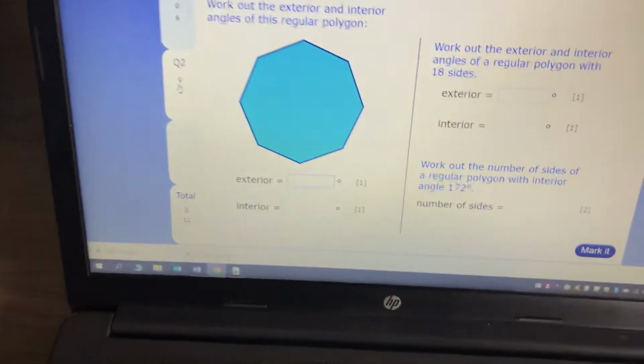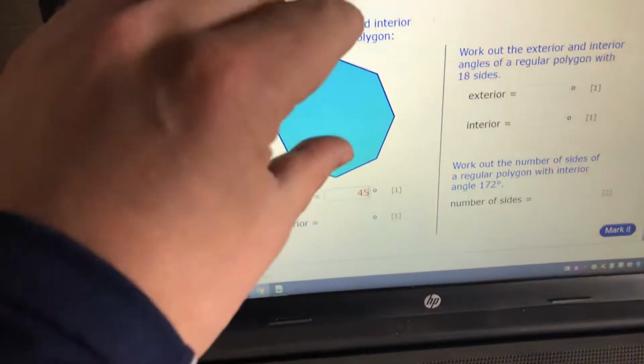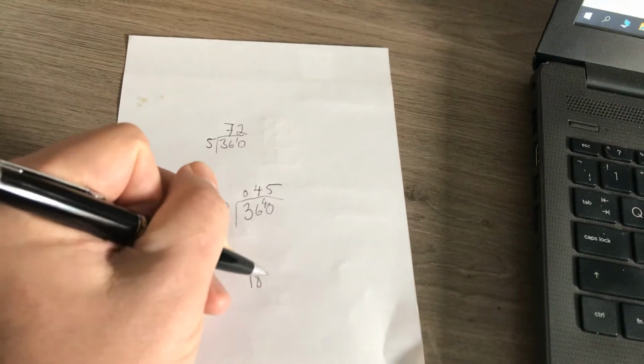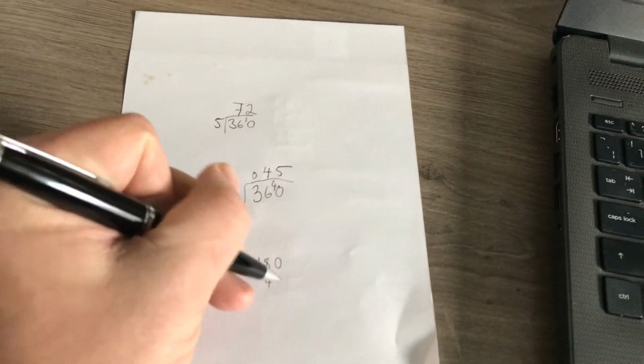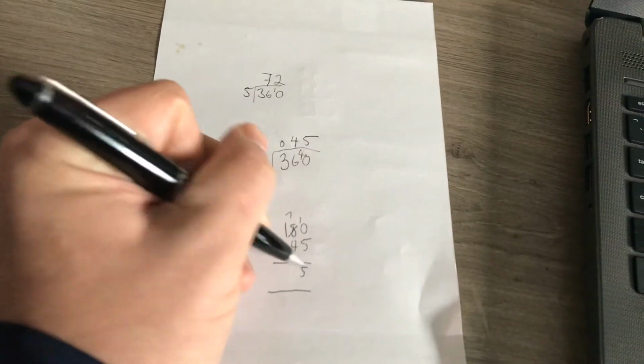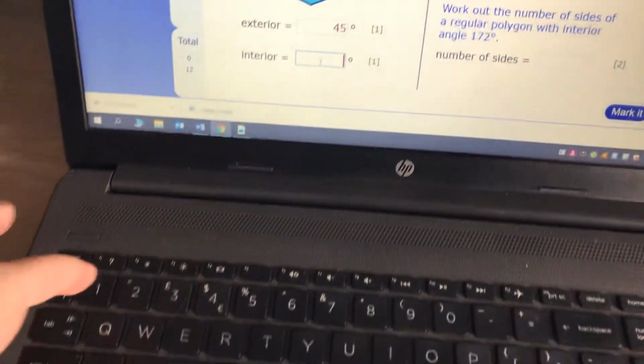So the exterior is going to be 45. Now I know that I've got that straight line. If I shrink it down, it's going to be on 180. So the interior is going to be 180 subtract 45, which works out to be 135, I believe. Let's have a look if I've got that right. 135.